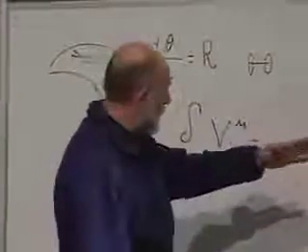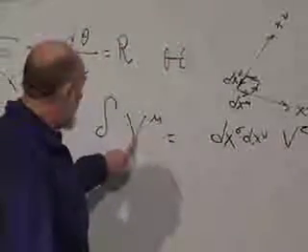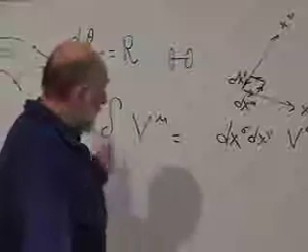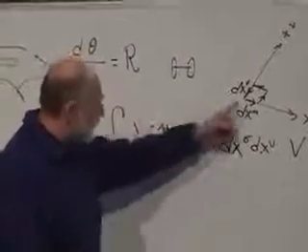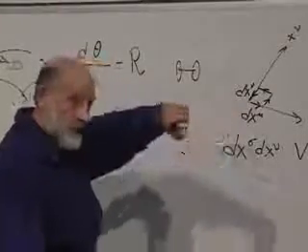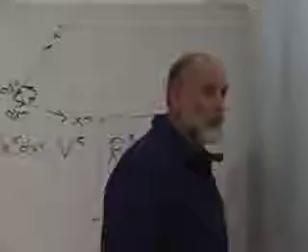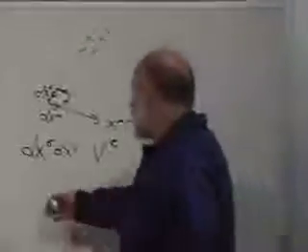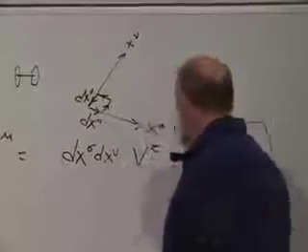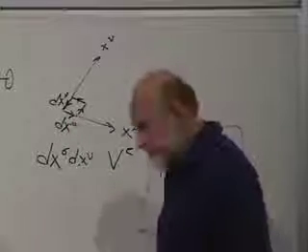This is a tensor equation. Delta V is the difference of two vectors at the same point, a vector and a slightly shifted vector. This is a tensor equation, and this is the curvature tensor. It's the Riemann curvature tensor. And what it tells you, as I said, is per unit area, how a vector changes when it goes around in a closed loop.